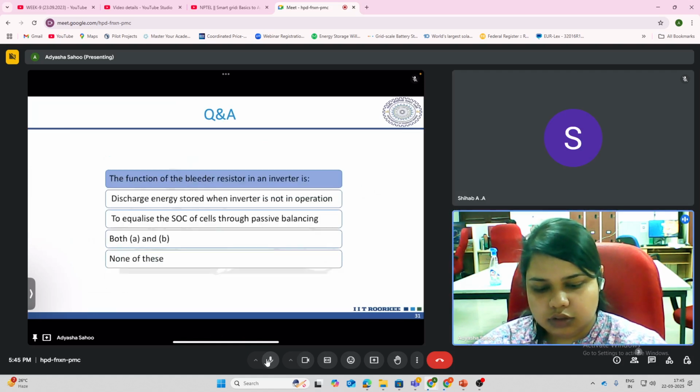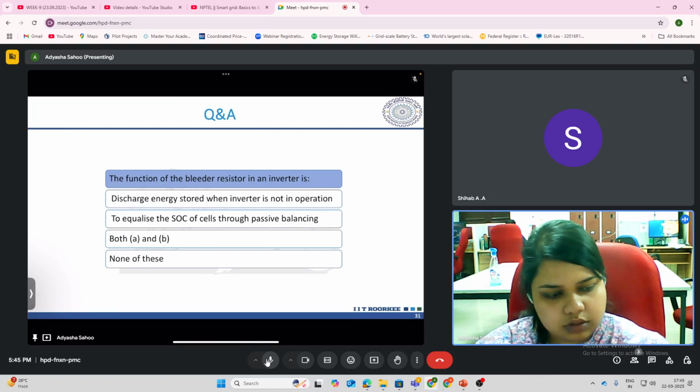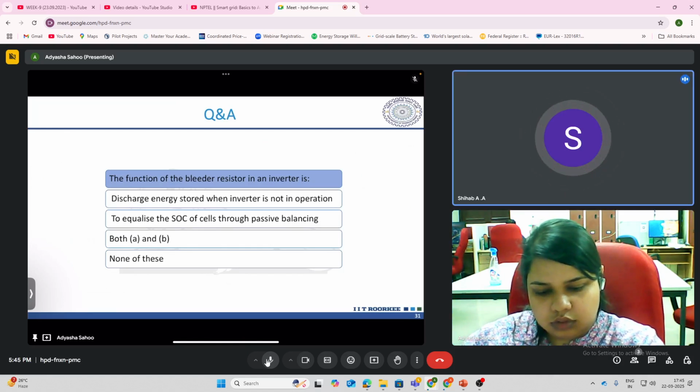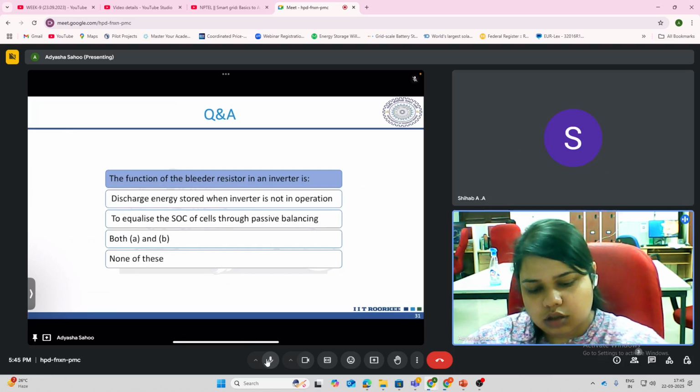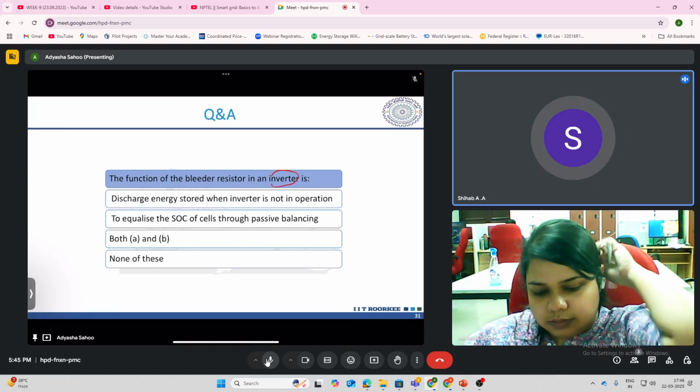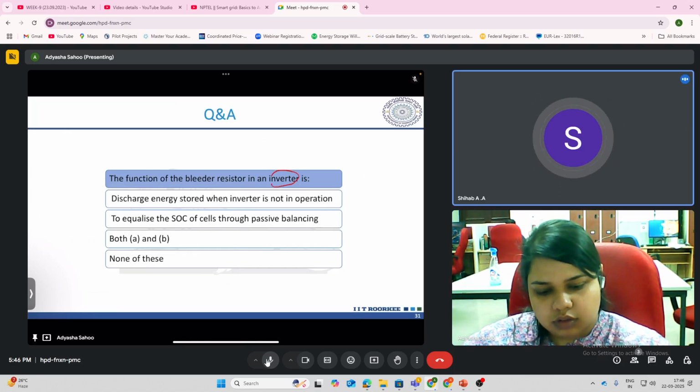The function of the bleeder resistor in an inverter is to discharge the energy stored when the inverter is not in operation, equalize SOC through passive balancing, both A and B, or none of these.